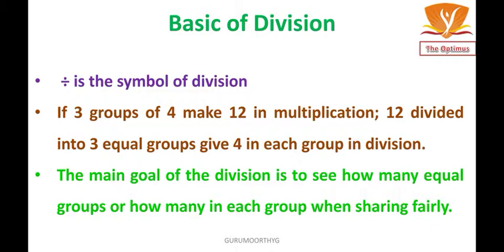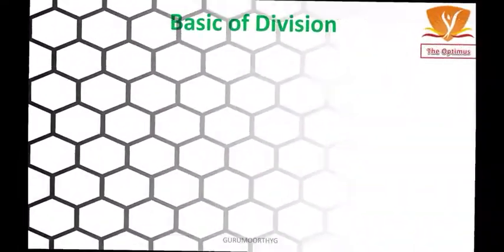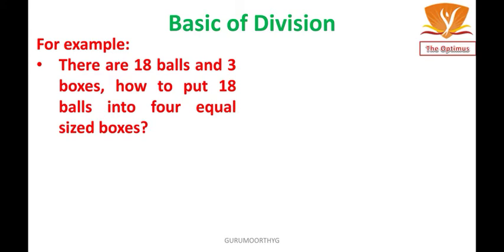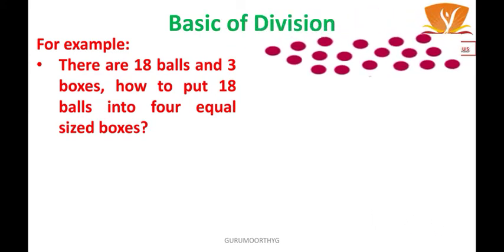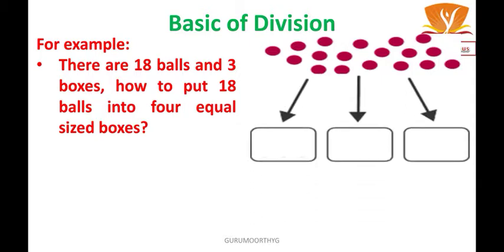when sharing fairly. For example, there are 18 balls and 3 boxes. How to put 18 balls into 3 equal sized boxes? Dear kids, it is very simple. Put one ball in each box first.